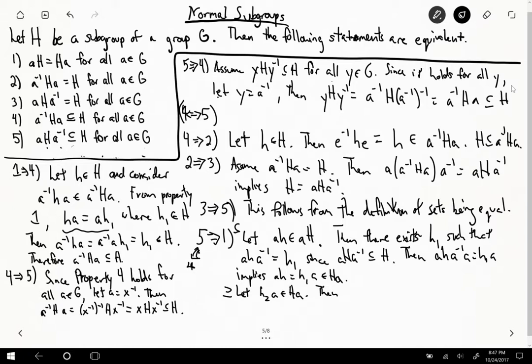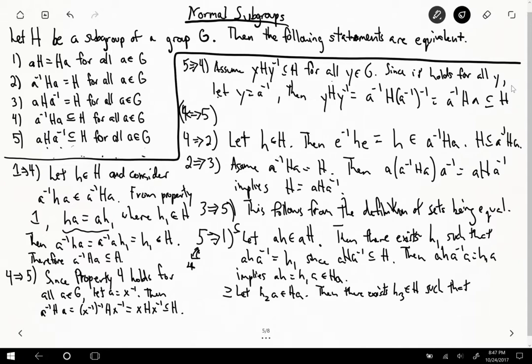Then there exists H3 in H such that we can use property 4 and hit it on the left hand side this time.